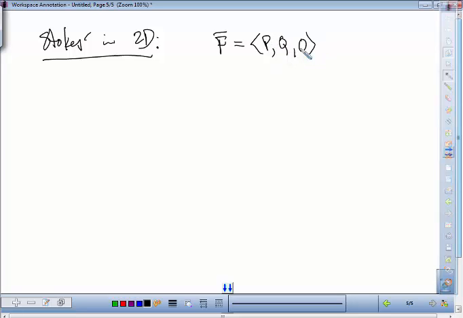If it's in 2 dimensions, then our vector field is only in 2 dimensions, so let's say P, Q, and 0. Then your surface is only going to be an area in 2 dimensions also. Call it R.